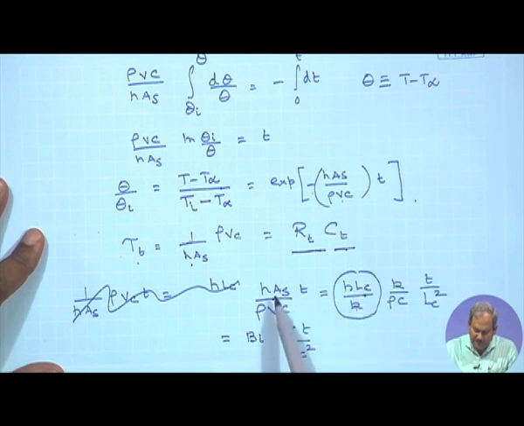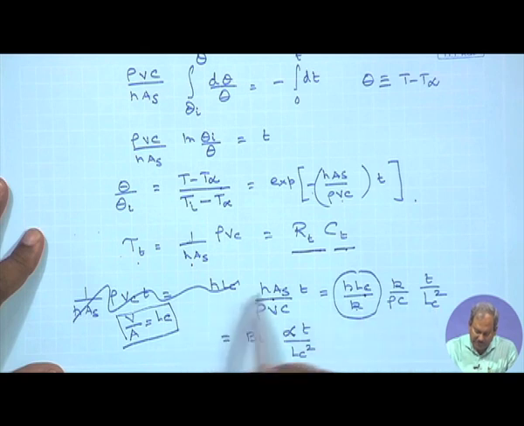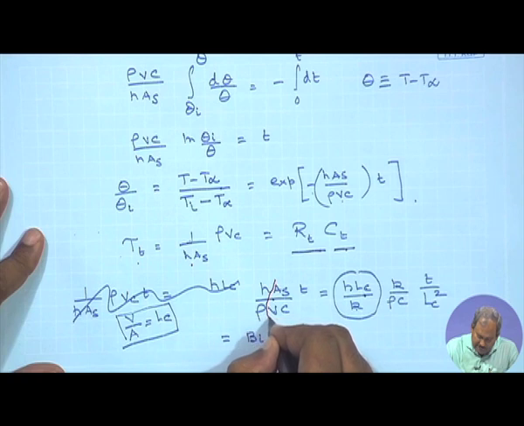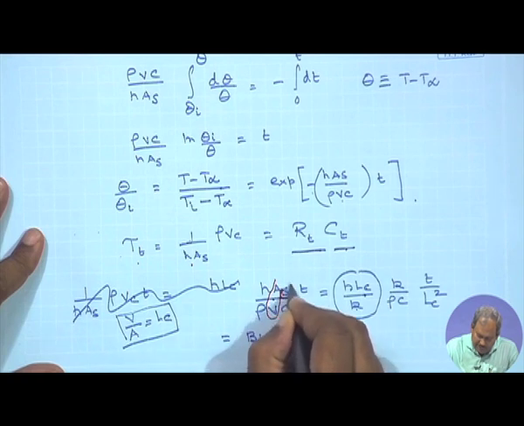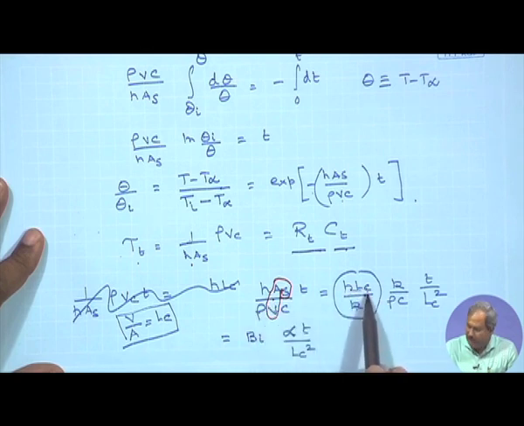You remember that V by A is the characteristic length of the system, which I have plugged in here, and since I have added an L_c, here I have L_c squared. So V by A is substituted by L_c, and I have h L_c by rho, times t. So I brought in another L_c over there, and I have this formula.